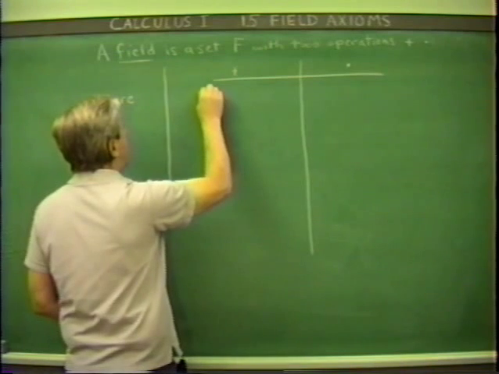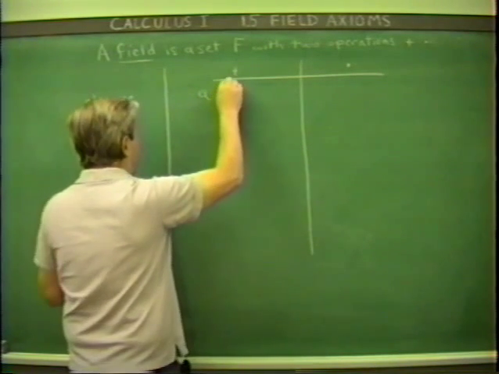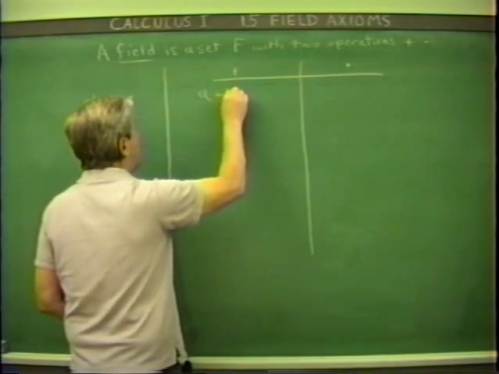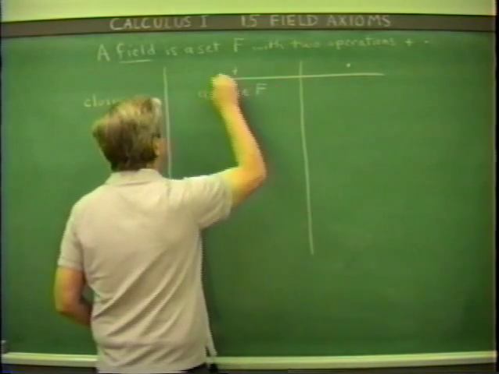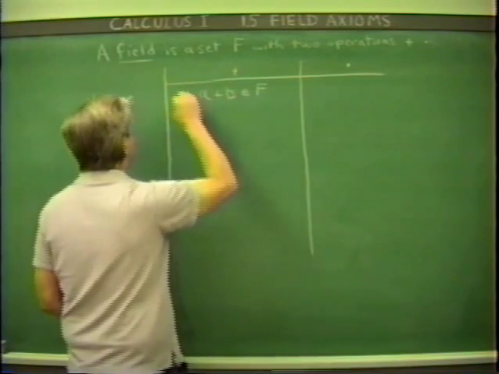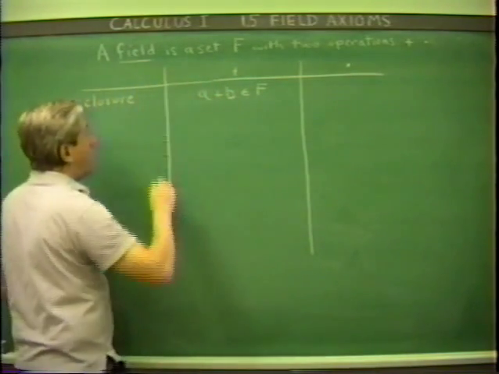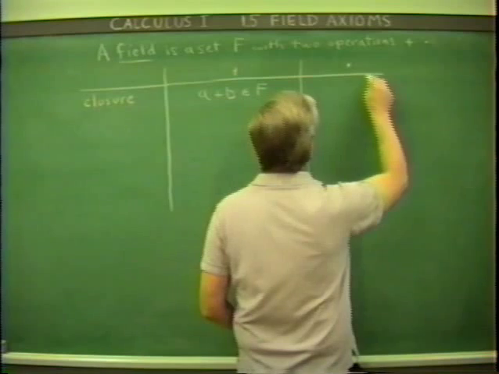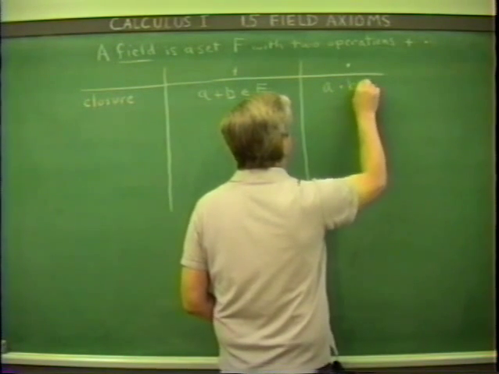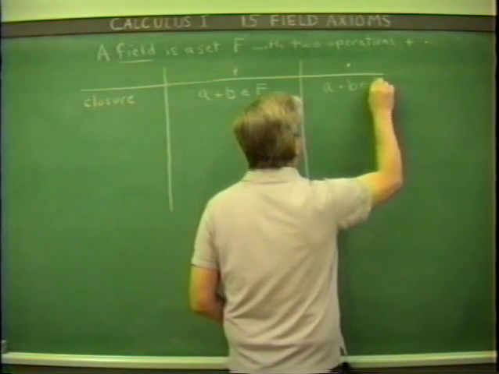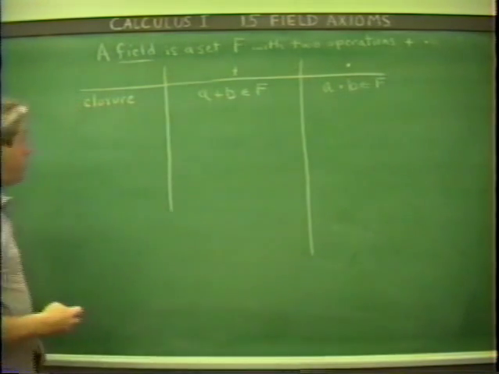That's to say, for each A and B in F, A plus B is defined and it's an element in F. And likewise, we have closure under multiplication. A times B is in F.